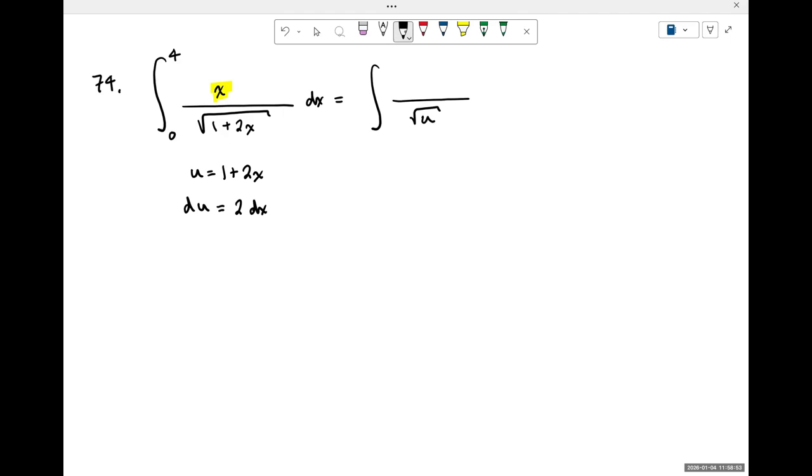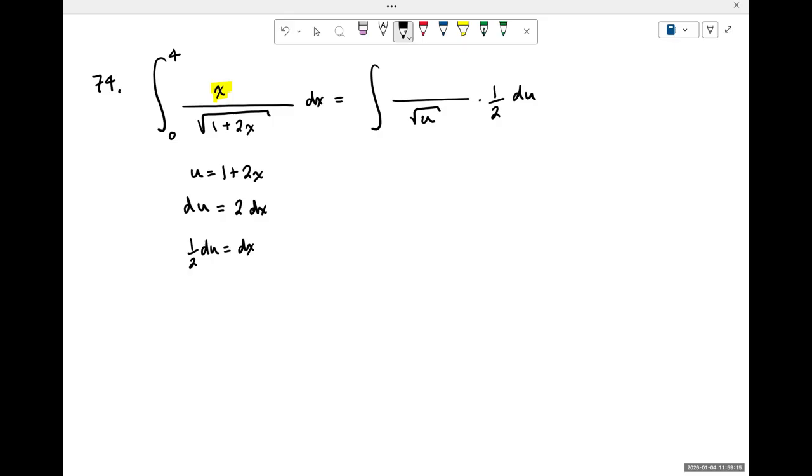So maybe I should write 1/2 du is dx. Then I have a 1/2 du here, but I have an extra x. In our previous examples, maybe what was on the top went with the dx or somehow it was substituted, but here I haven't substituted it yet.